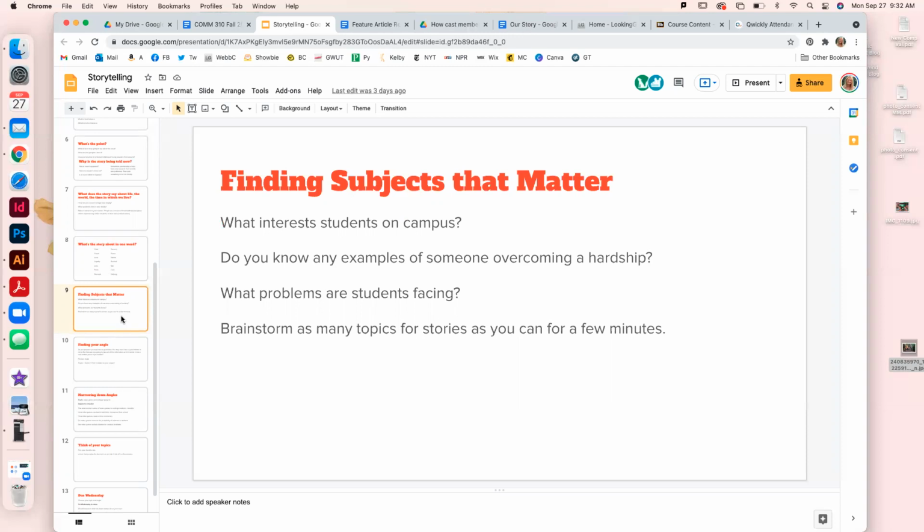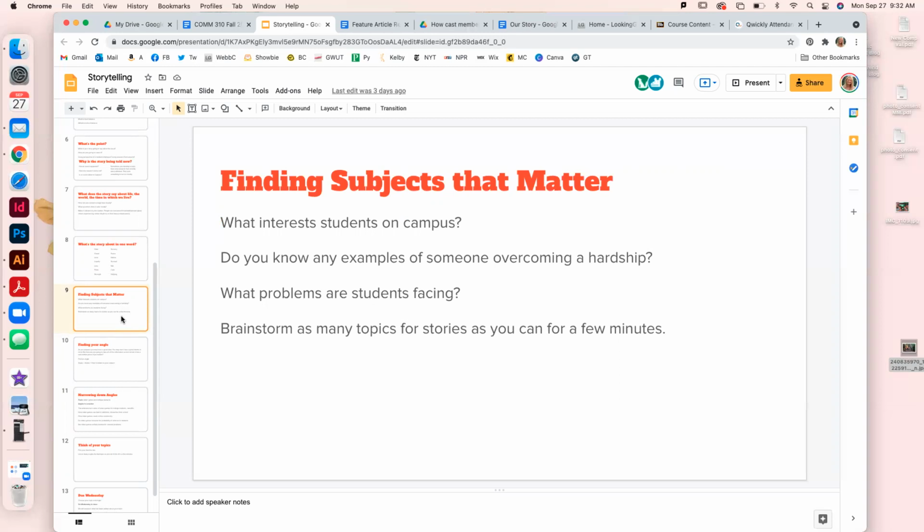What problems are students facing right now? What successes are students having right now? Brainstorm as much as you can. So what I want you to do right now is get out your computer, you can write, and take about 4 minutes and brainstorm things that relate to what we've discussed today.